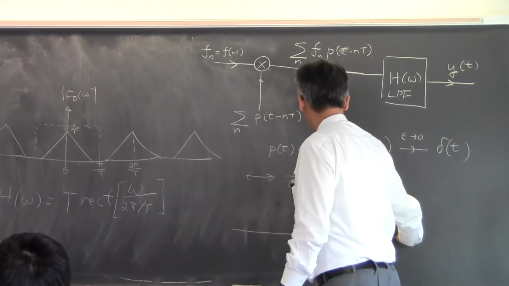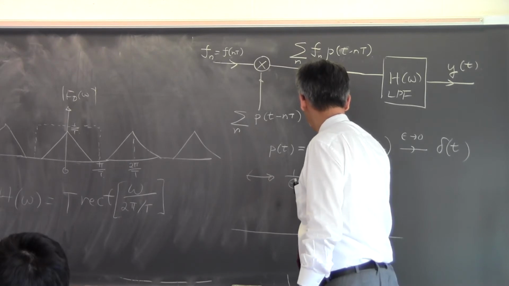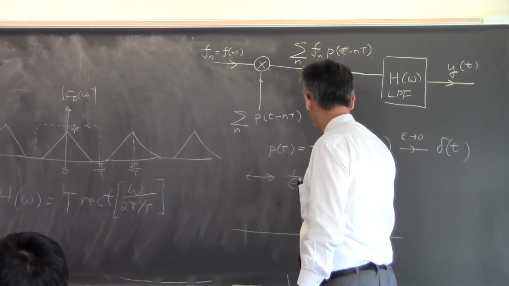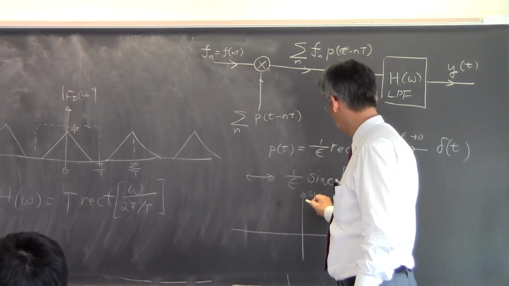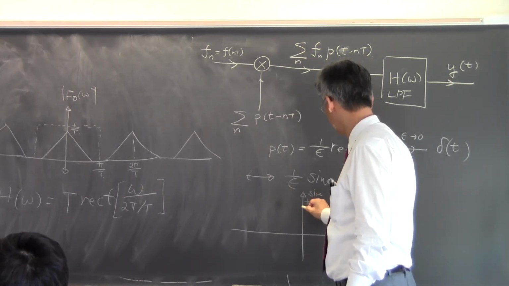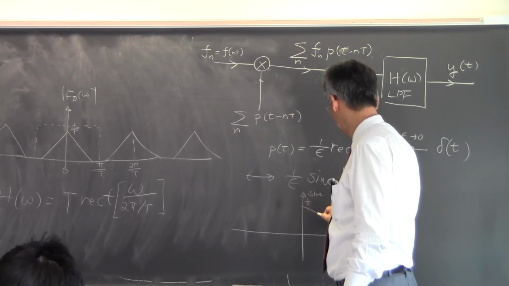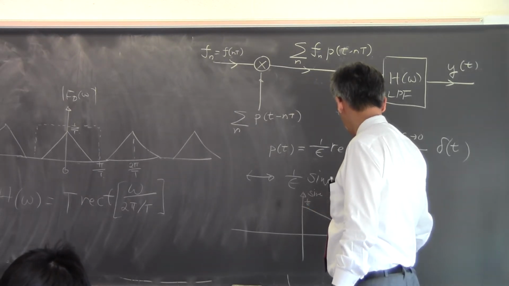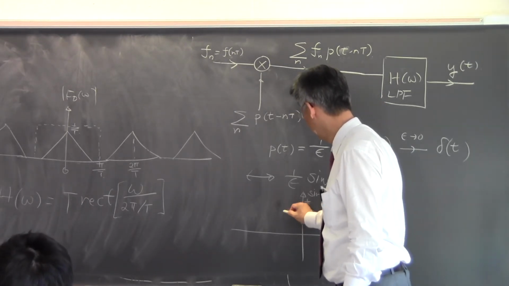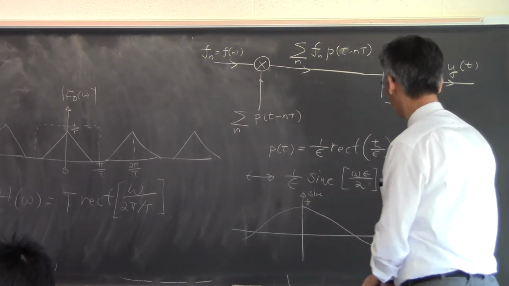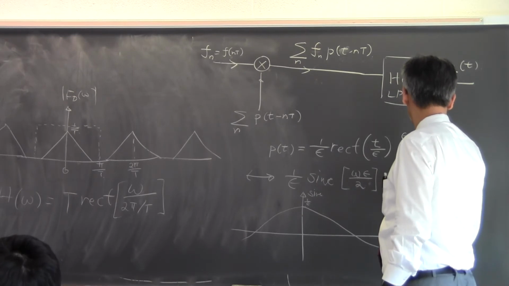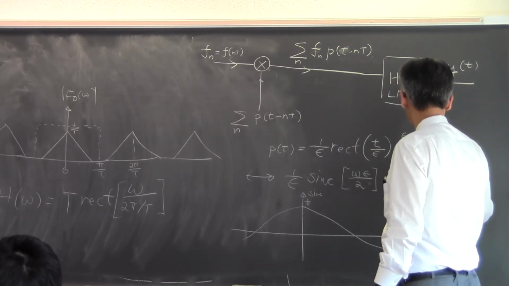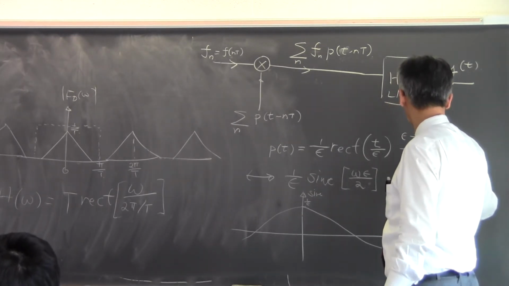So if I were to plot this, when epsilon is very small, it starts with 1 over epsilon, and then it goes to the first zero crossing. Where's the first zero crossing of this sinc function? When epsilon times omega over 2 equals pi, right?